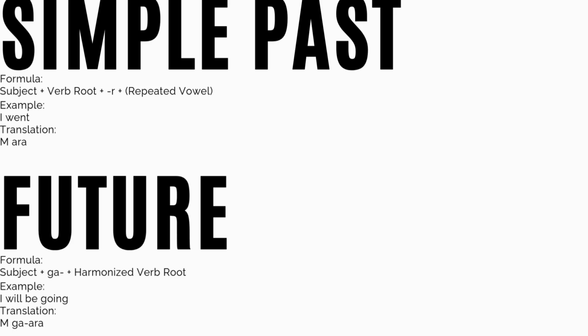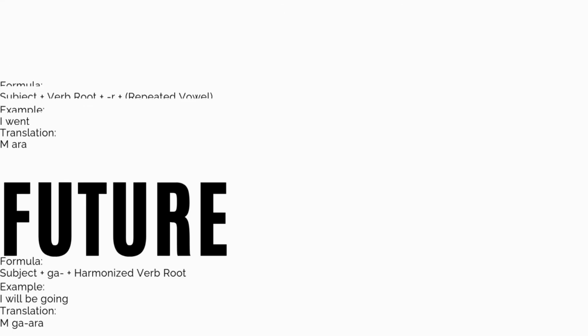So our translation becomes muera. And in future tense, we use the same sentence structure as the continuous, but instead of using na, we use ga. So when we translate in future tense, we say muga, ga aga.